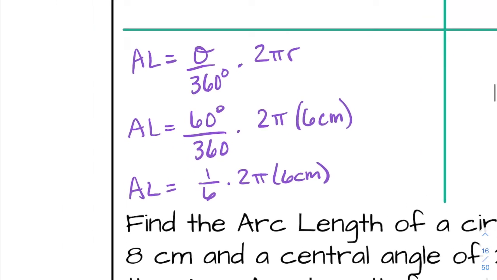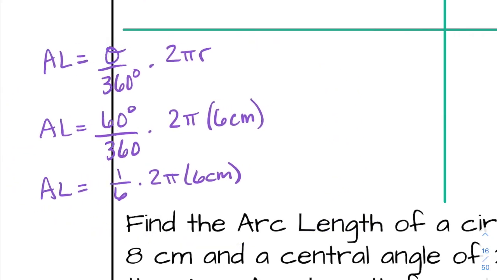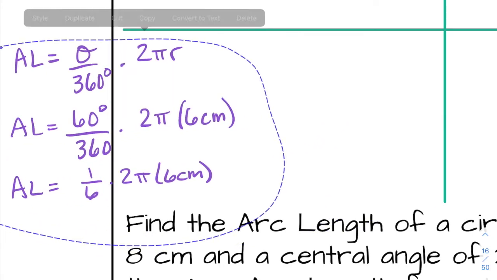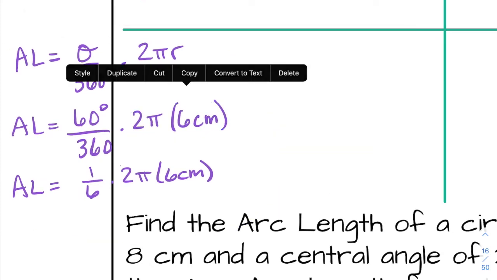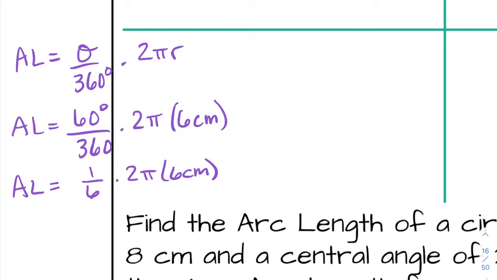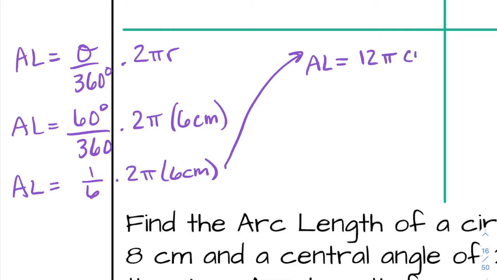Oh, running out of room. I want you to see the multiplication symbol. I want to make sure that's clear. Okay, so now arc length equals 6 times 2 is 12, so 12 pi centimeters over 6. So arc length equals 2 pi centimeters.